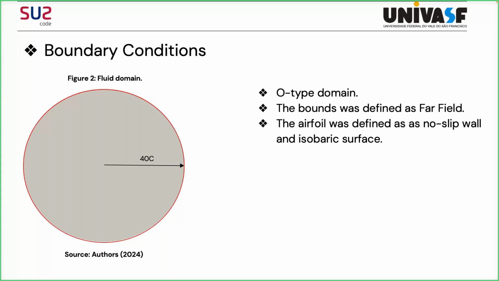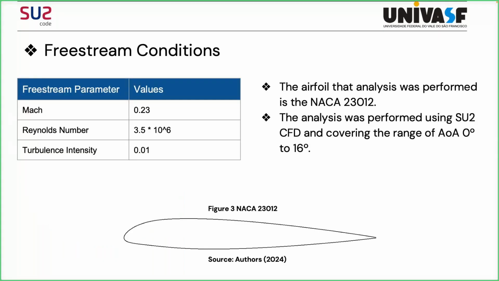Furthermore, the airfoil is a no-slip wall and an isothermal surface. The free stream conditions are defined to achieve similarity with test conditions, using the same dimensionless values and turbulence intensity. Furthermore, this analysis was made using the NACA 23012 airfoil and covers a range of 0 to 16 degrees of angle of attack.